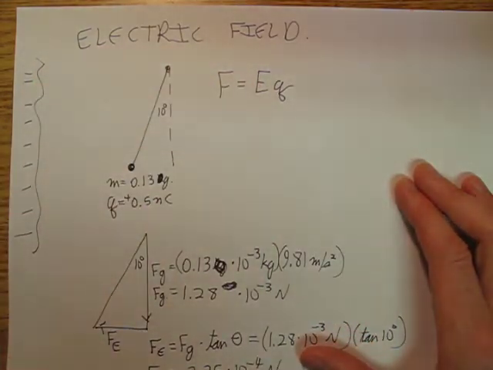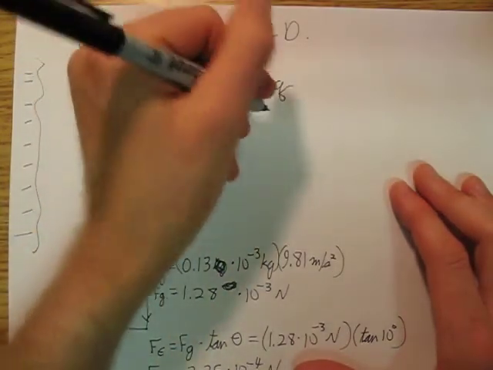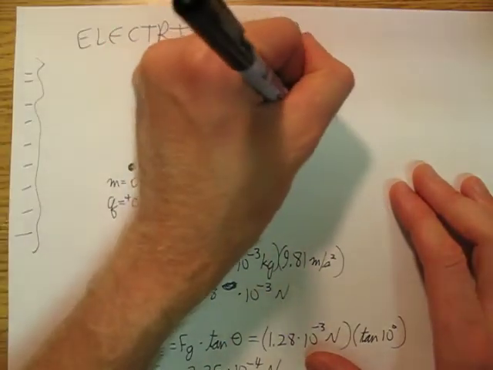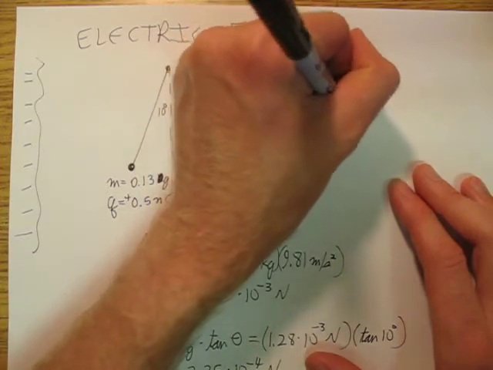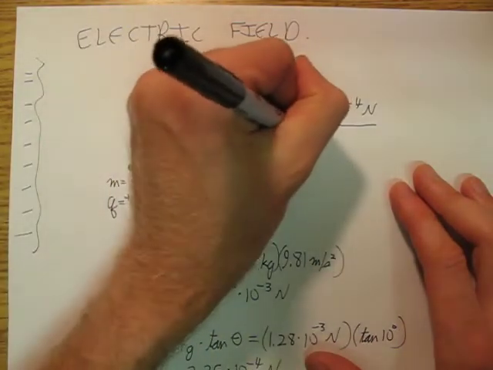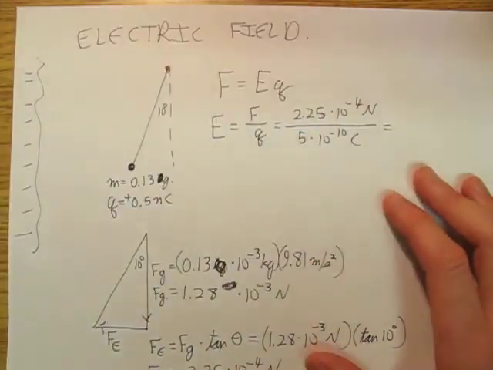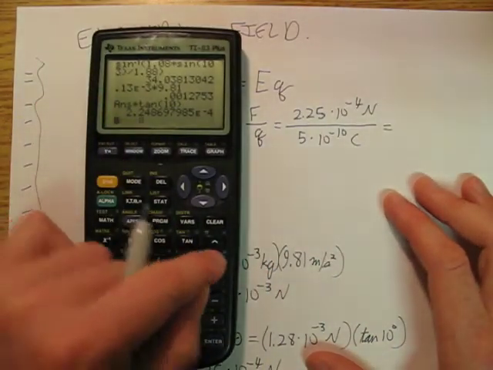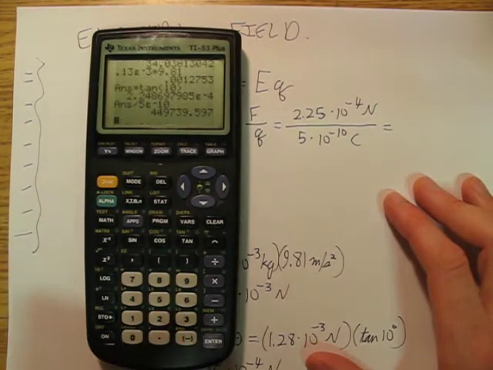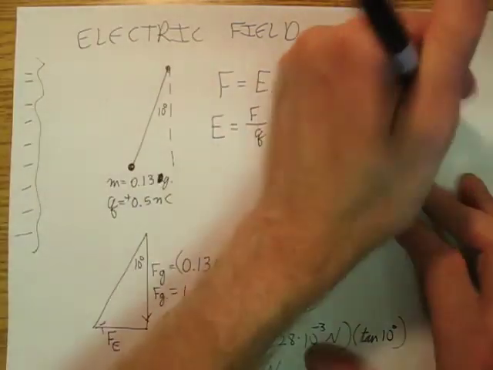And so my E is going to be F divided by Q, so it's going to be 2.25 times 10 to the negative fourth newtons divided by 5 times 10 to the negative 10th coulombs. So I'm going to divide that, and I'm going to get 4.5 times 10 to the 5th newtons per coulomb.